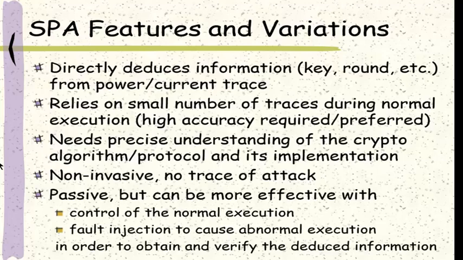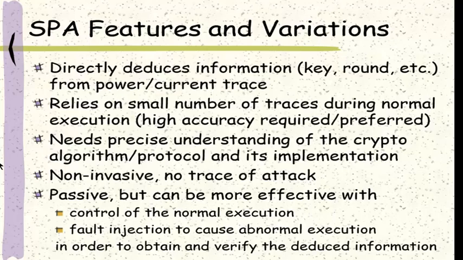However, it is possible to combine power analysis attacks with other passive attacks. For example, if the attackers can control the input signals, they can have the system run with input data of their choice to obtain or verify the deduced information from the power trace.